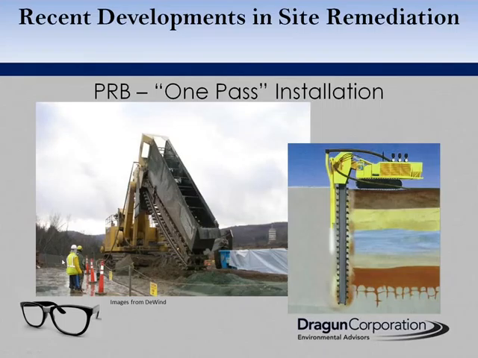You can get them into some tighter spaces than you can with traditional yellow iron types of installations. The other area that has been new with PRBs is that they can be injected now rather than installed by excavation. You see that done a lot with zero-valent iron nowadays.